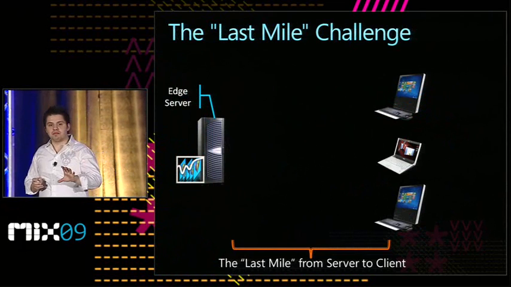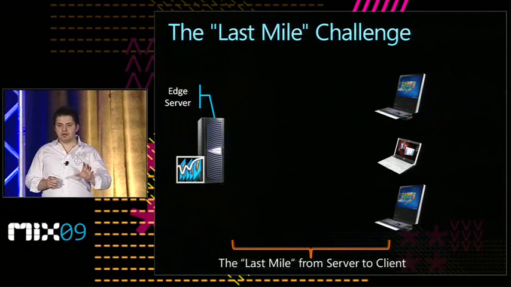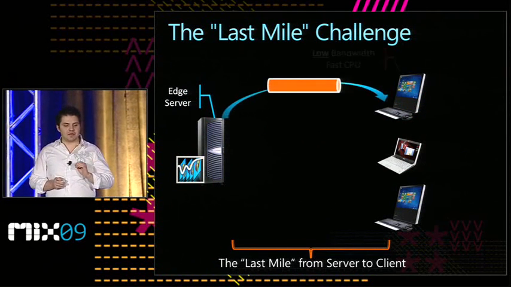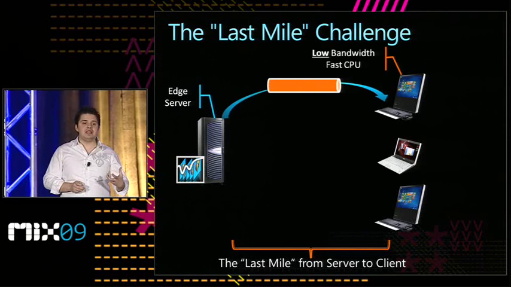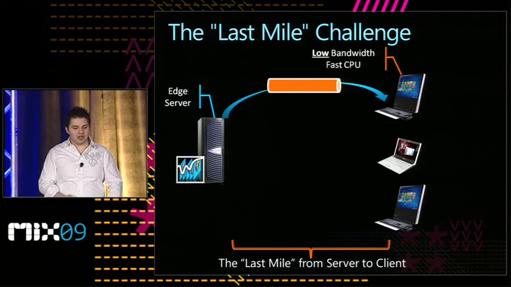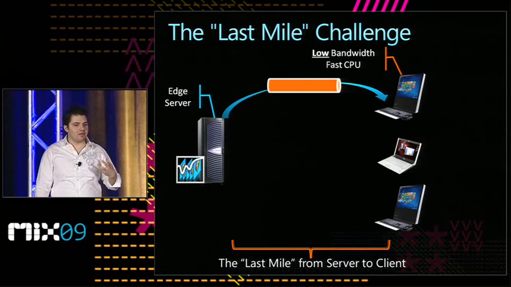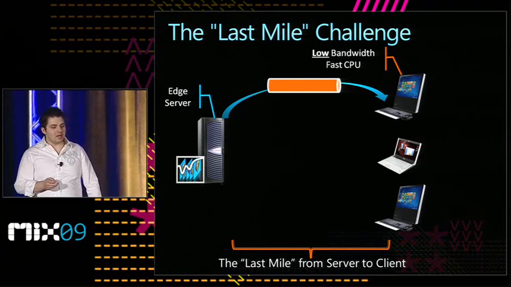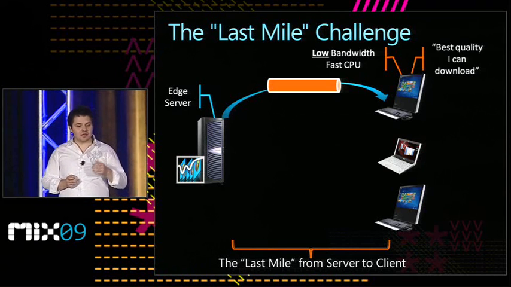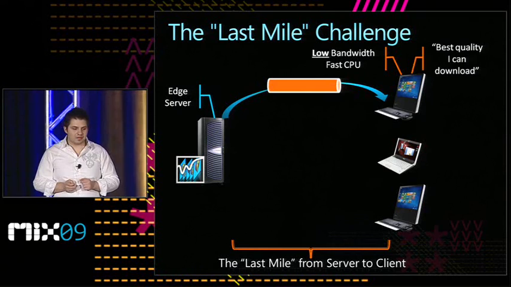So that solves part of the problem. That doesn't solve the whole problem. The challenge that we need to address is what I call the last mile. And really, we have many different types of clients. Some clients are in the following situation. They have a great CPU, so you've got latest and greatest hardware, but you have a very slow link. In that case, the optimal experience for that client is, give me the best quality I can download.